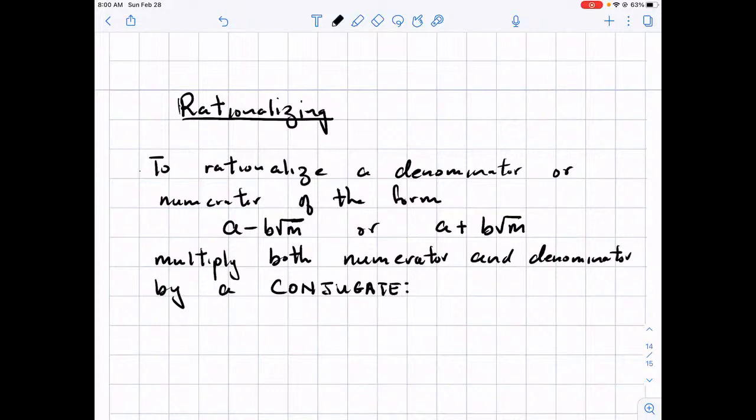So we have to multiply both of them by the conjugate. Very important.